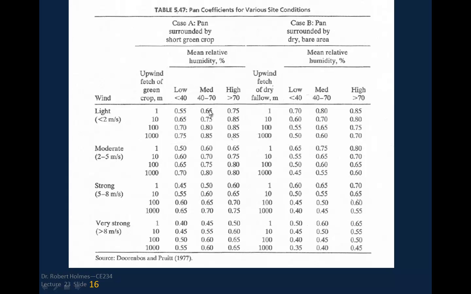For your upwind fetch of green crop, again this is in meters, if you've got short distances over your crop where your Pan is sitting, that's going to be a different coefficient than if you had, let's say, 1,000 meters of fetch between where the green crop started and where your Pan was. So you can get the idea of how to get these various Pan coefficients for predicting the evapotranspiration.